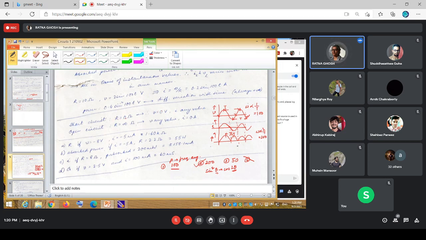So that's the short circuit condition. Open circuit: whatever be the voltage applied across that particular element, because it is open, there is no current flowing through the circuit. So current through the circuit is 0. It is an open circuit, so there is no closed path.